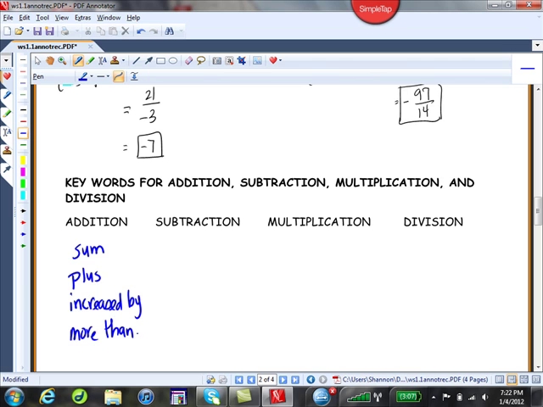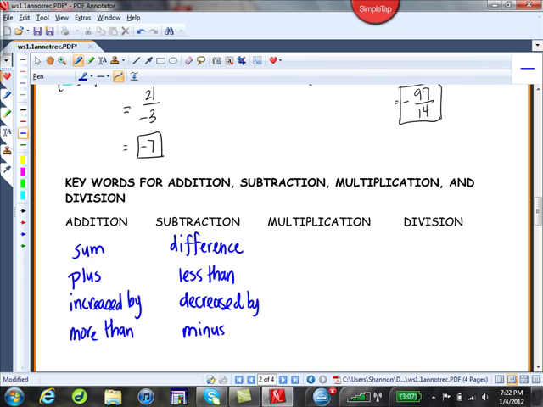All right, so subtraction. Difference. Less than. Decreased by. And simply minus. All right, multiplication.